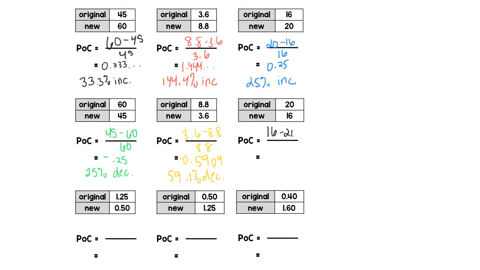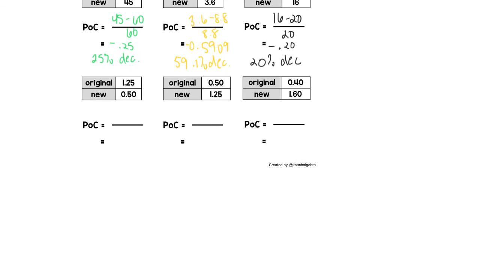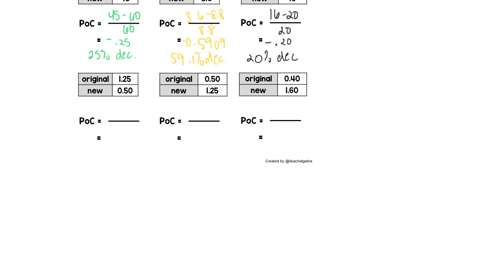New minus old over old, negative 0.20. That's a 20% decrease. And then the last 3: new 0.50 minus 1.25 over 1.25 is negative 0.6. That's a 60% decrease.